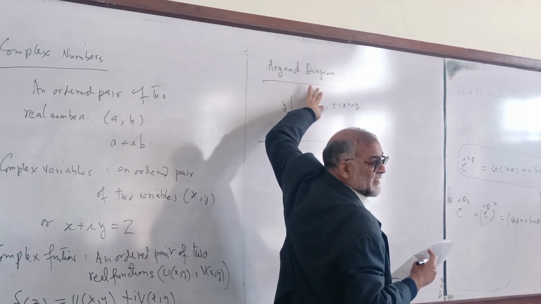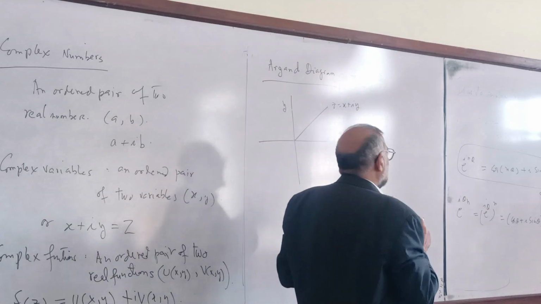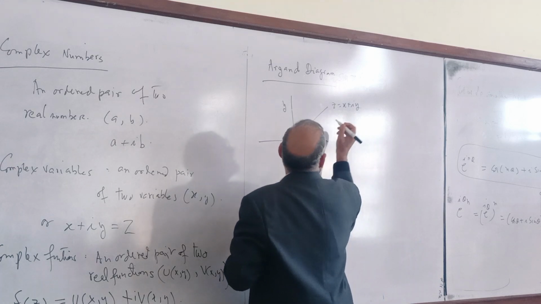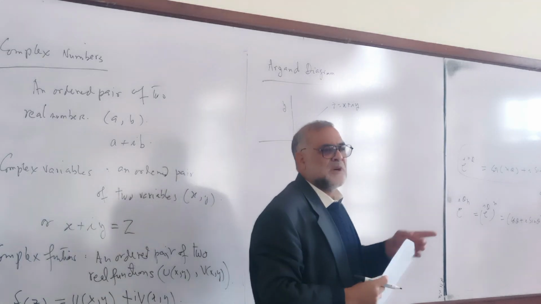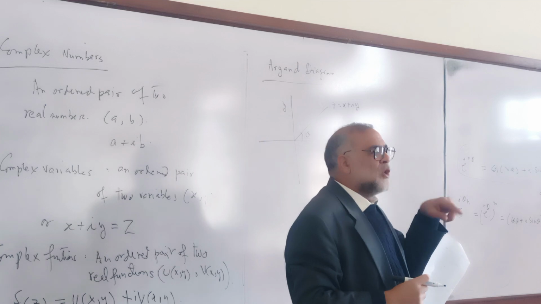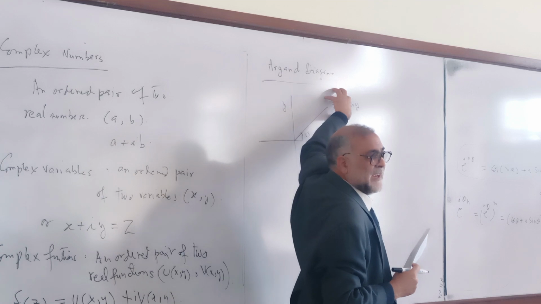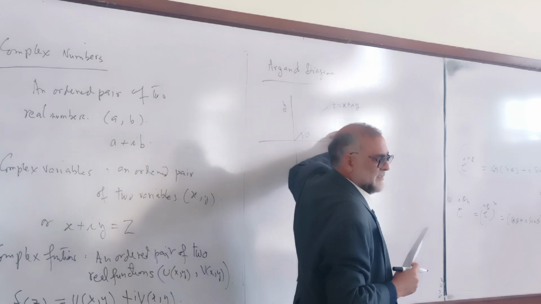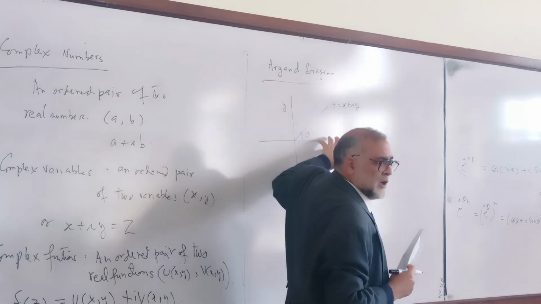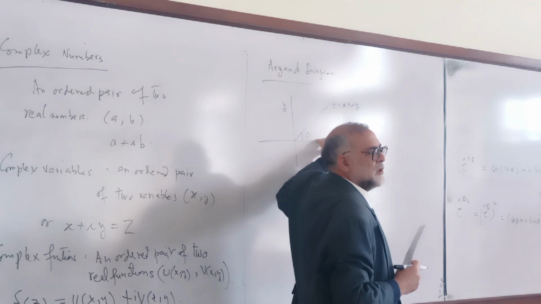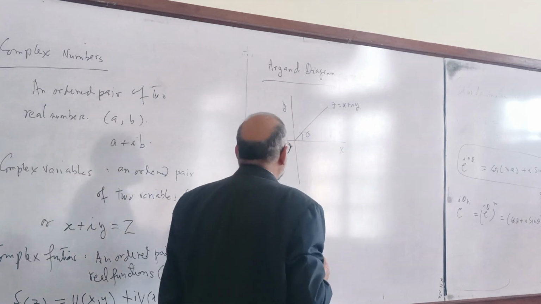A vector summation. And z is making some angle theta with the x-axis. The complex number is also making an angle with y, but the convention is that we use it with x, the way everybody is doing it.